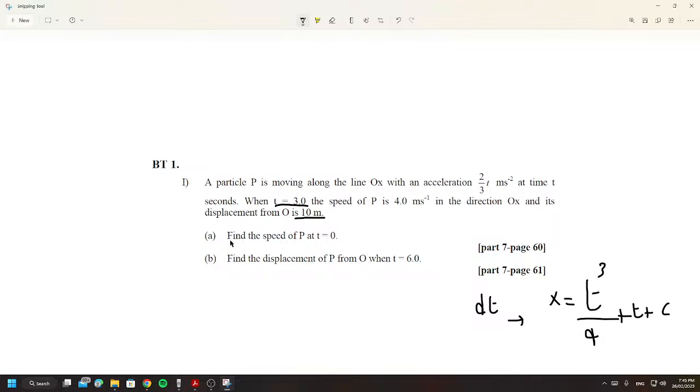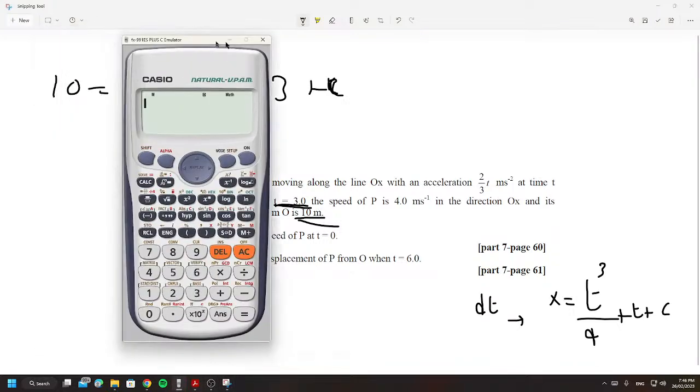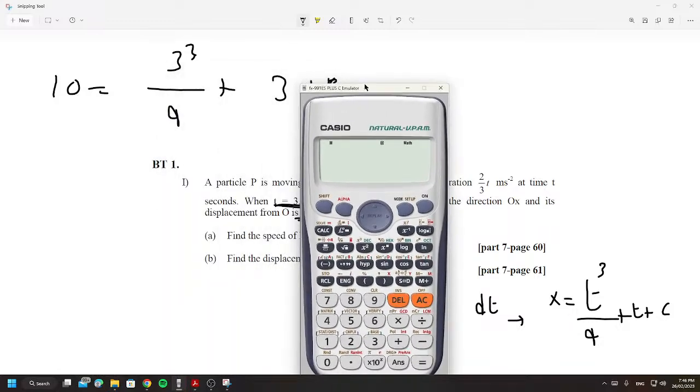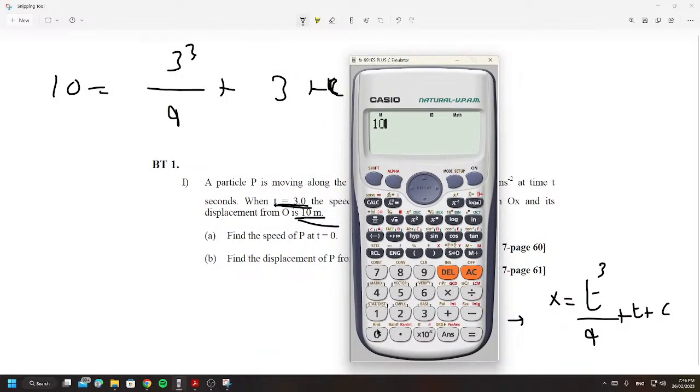So here they told us when t is equal to 3, x is equal to 10. So 10 is equal to 3 cubed over 9 plus 3 plus c. If we solve for c, 10 equals 3 cubed over 9 plus 3 plus c.